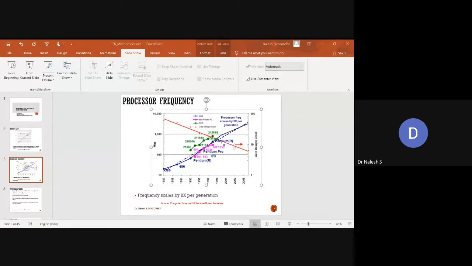Then there are registers, including an accumulator, and an instruction register where the instructions are fetched. Instructions have to be decoded to understand the operation, and based on the operation, data is taken from the registers and given to the ALU. The output then has to be given back to the memory, and this is the data bus which connects to the memory. So this was the architecture for Intel 4004.